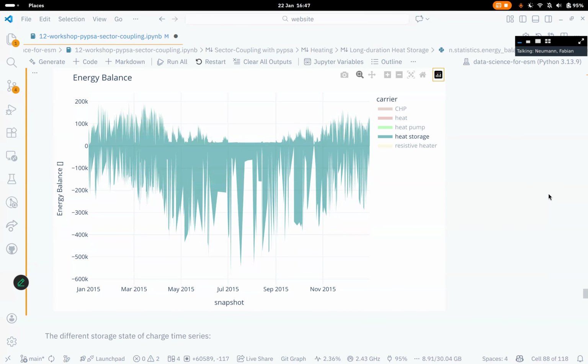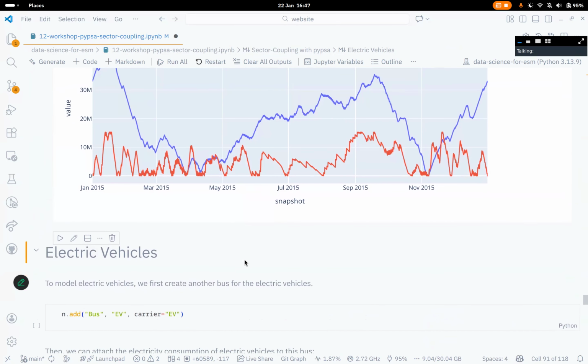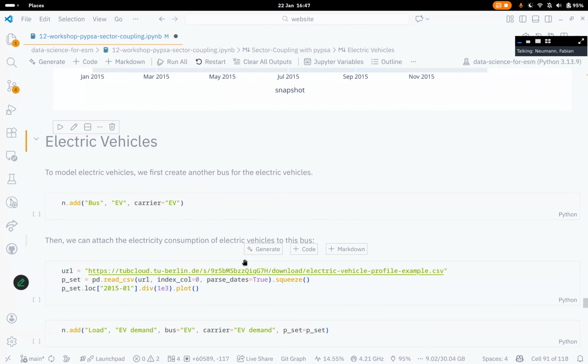Okay, and yeah, filling levels of the storage. You can also see, in addition to the hydrogen storage in blue, the heat storage in red. Good. Okay, so the third and last segment of this notebook is probably a little bit more intricate.